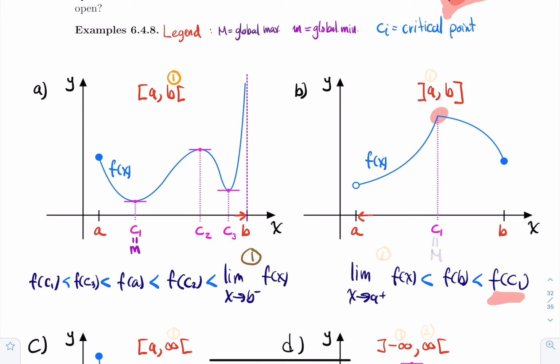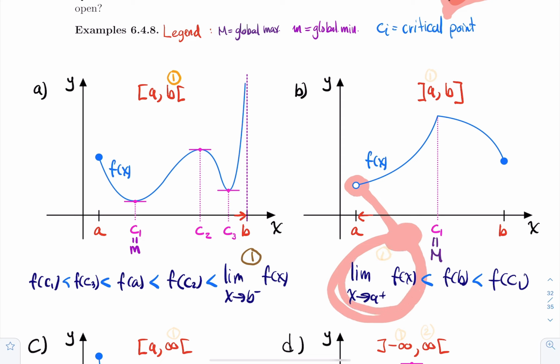So we have a global maximum for that function at C1, a critical point. But we don't have a global minimum, because the lowest possible thing on this graph is a hole, which is an open endpoint. Here I really want to stress that this open endpoint at A is a limit that you can set up and compute.